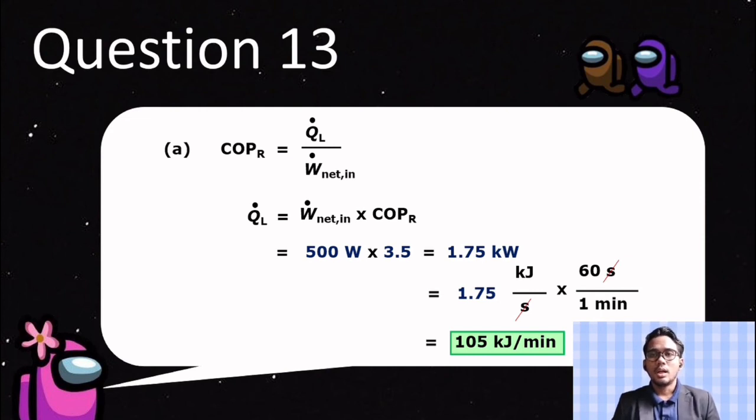After that we need the answer in kilojoule per minute. So 1.75 kilojoule per second times 60 seconds over 1 minute, and then we just cancel. After that we got the final answer, 1.75 kilojoule per minute.